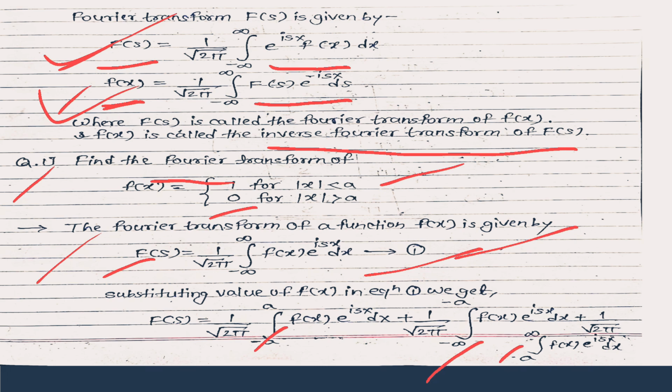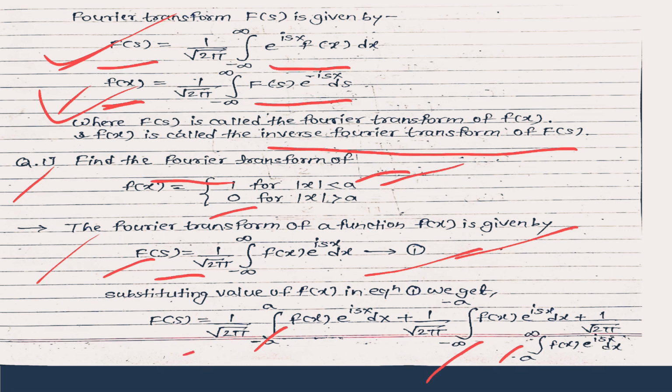These are the three limits. We will write our given equation number 1 in this form, because these conditions are already mentioned, so according to that condition we have taken the limits. Now after that we will find the values corresponding to those limits.